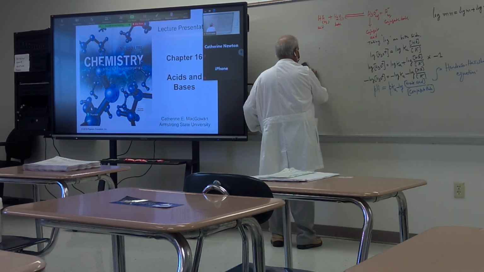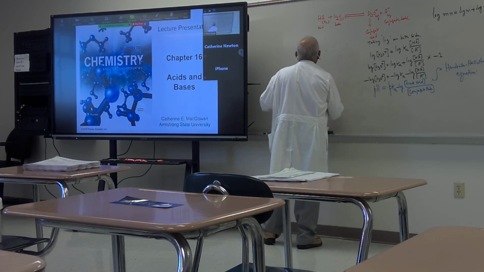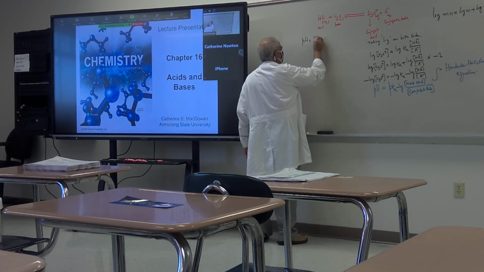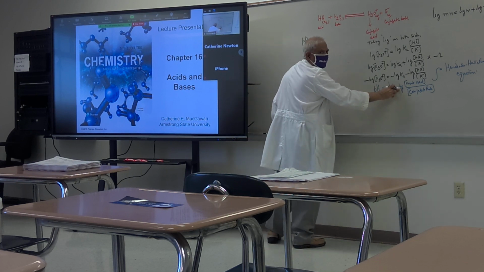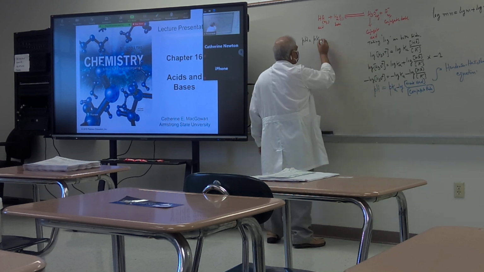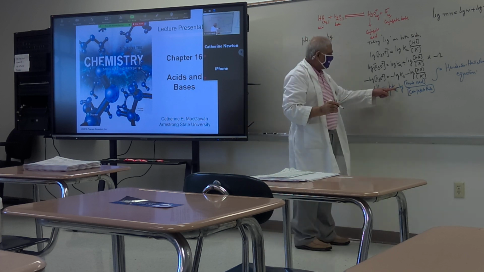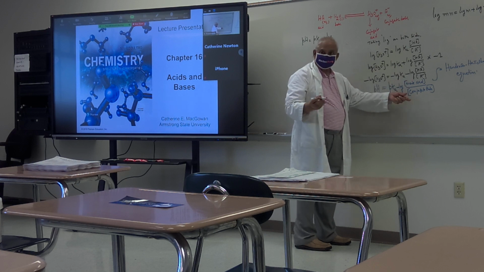Can I rewrite this equation like this? pH equals pKa. Now it is minus, right? Can I change that to plus? If you change minus to plus, this conjugate base goes to the numerator and the weak acid comes to the denominator.